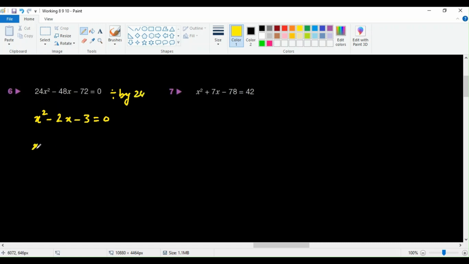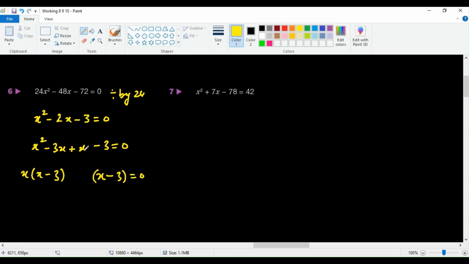So here x square and minus 3 I will write as it is, and 2 times 1, 3 times 1, so that means 3x plus x, minus 3 plus 1 is going to give us a negative 2. So x minus 3 comes in one bracket. I will copy this once again, equals 0.